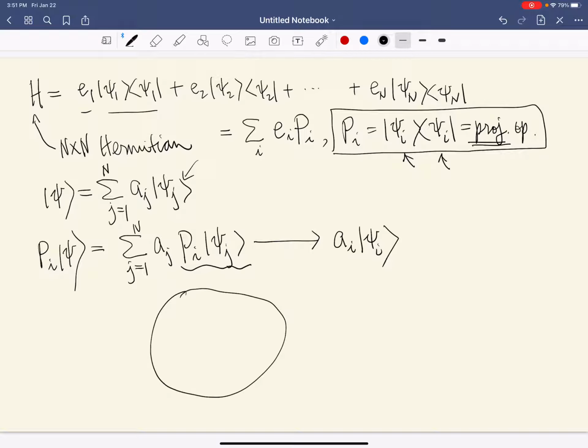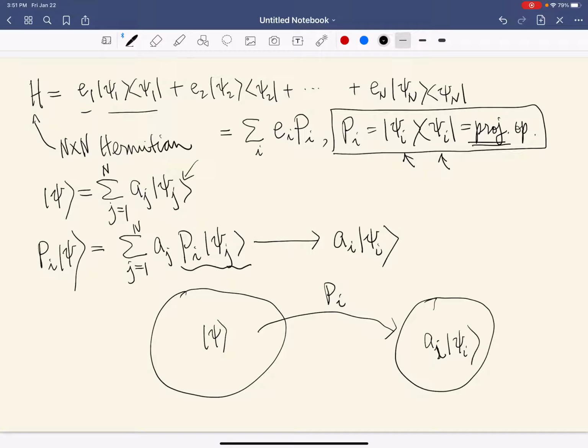Let me explain this process using a simple graph. I take an arbitrary state, then I process it through something called a projection, so I apply a projection operator. The outcome of that process is some constant a_i times this particular eigenstate.